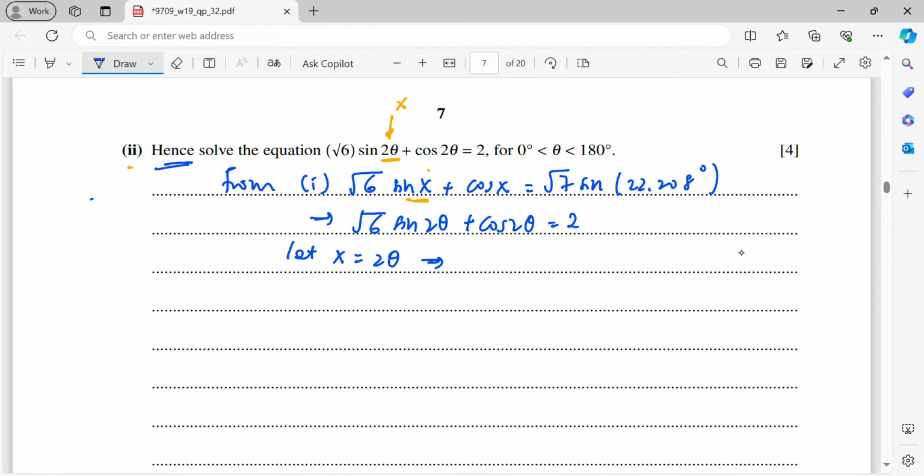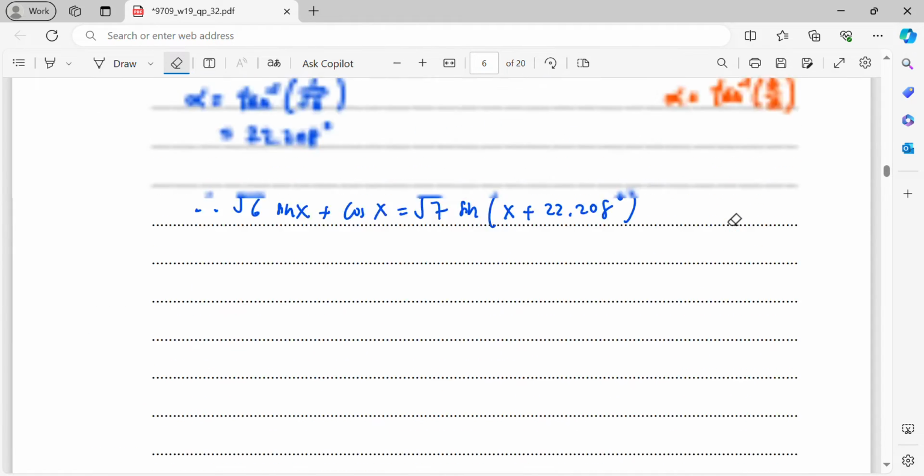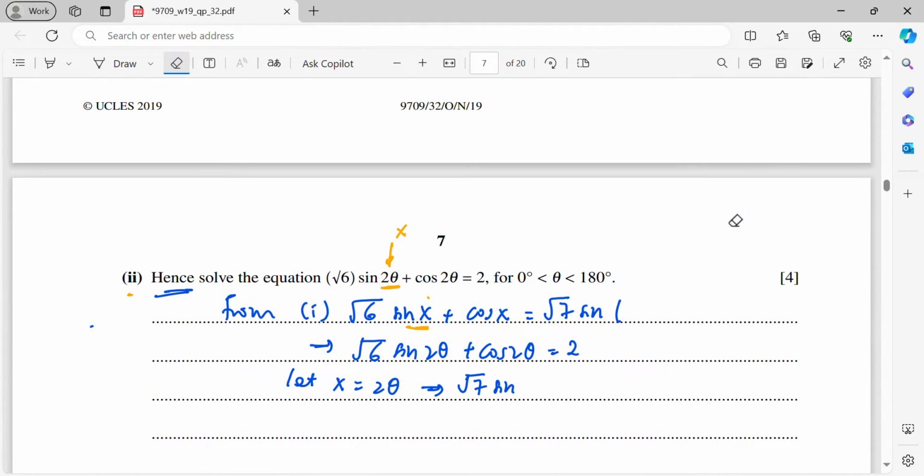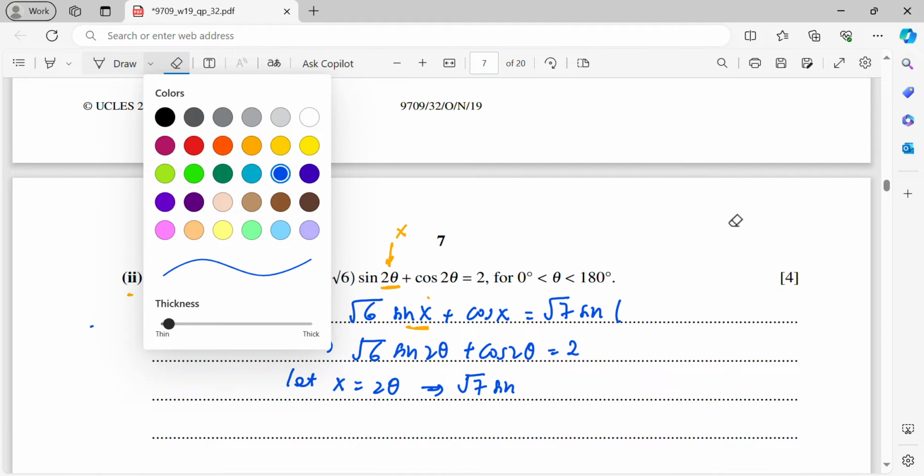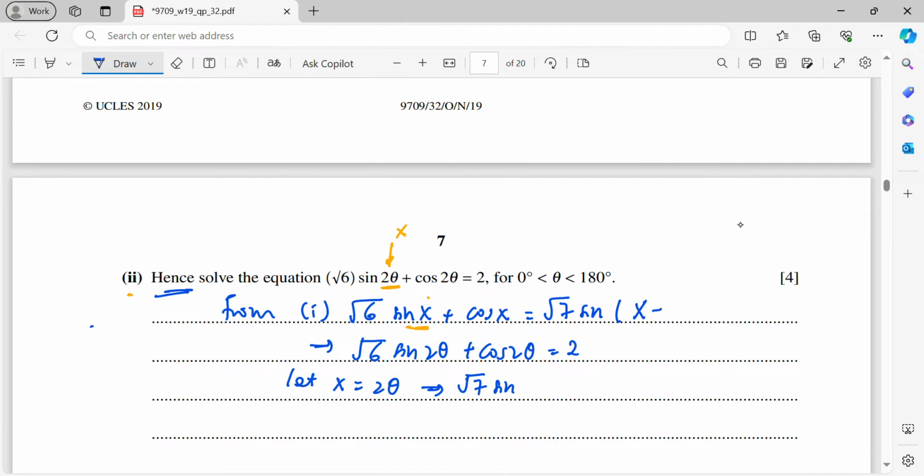Hence, my left hand side will be square root 7 sine x plus 22.208 degrees. So now I will change the x to 2 theta. Right?